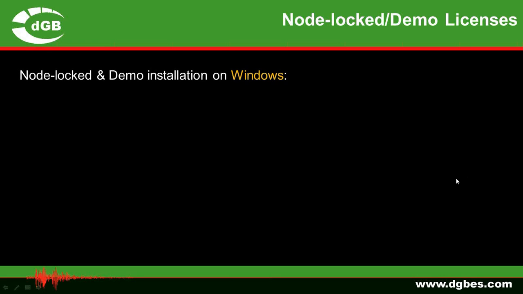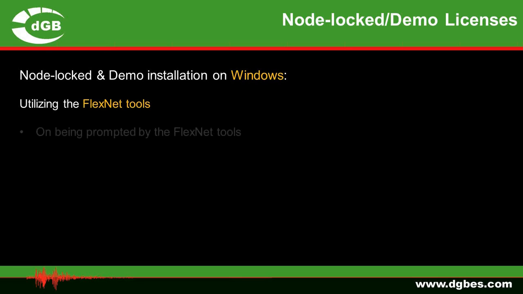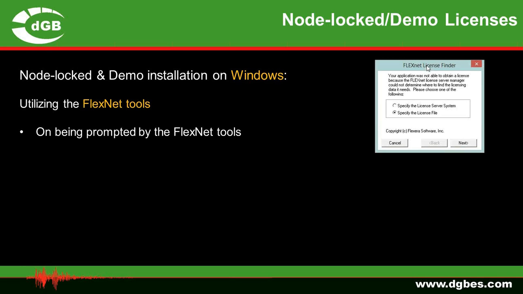So for the installation of node-locked and demo licenses on Windows, there are several options. You can use the FlexNet tools. So on being prompted by the FlexNet tools, either on first use of OpendTect or on first use of a particular plugin within OpendTect, you'll be prompted by a window which looks like this.